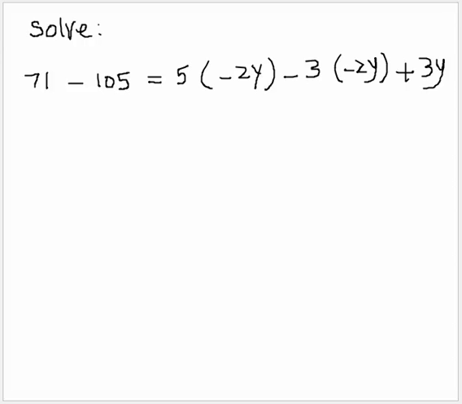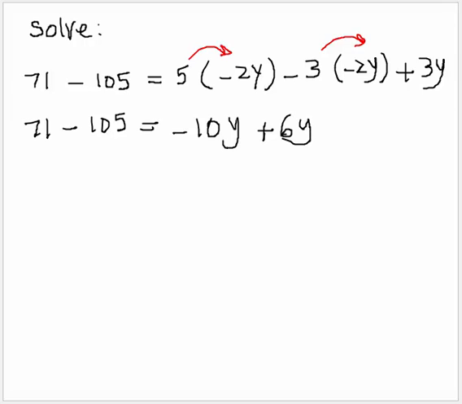First we have to multiply these numbers. So we have 71 minus 105 is equal to 5 times minus 2 give me minus 10y, and then we have minus 3 times minus 2, that give me plus 6y plus 3y.